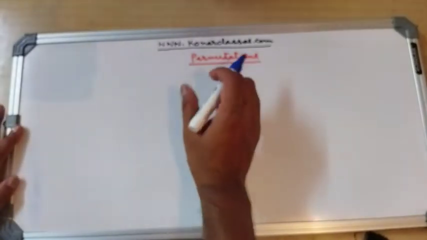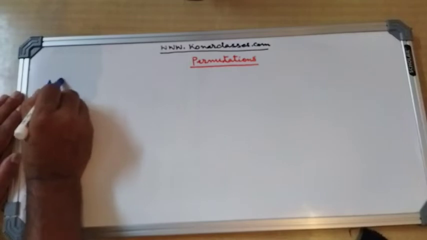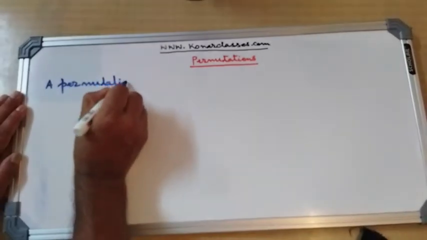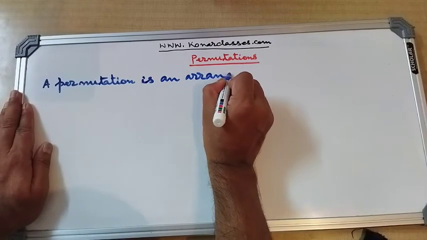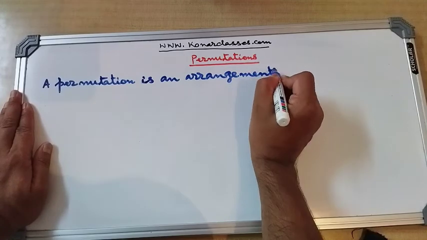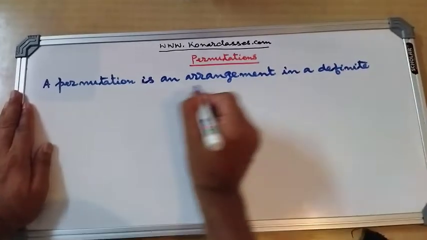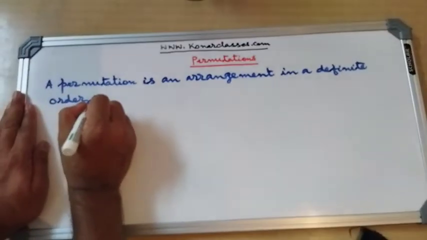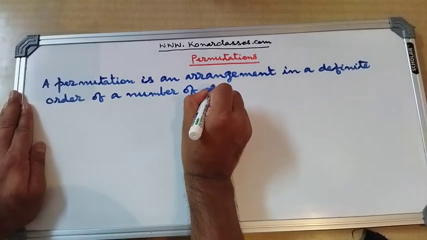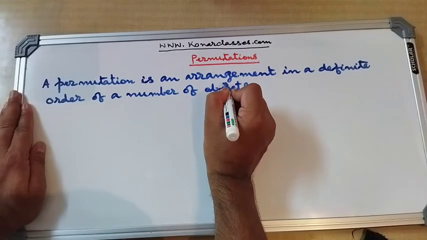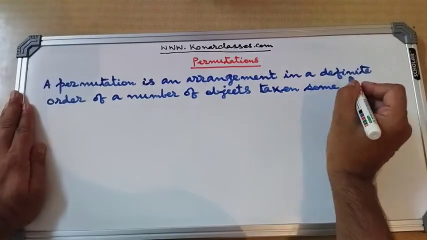So if I define it, I can write: a permutation is an arrangement in a definite order of a number of objects taken some or all at a time.